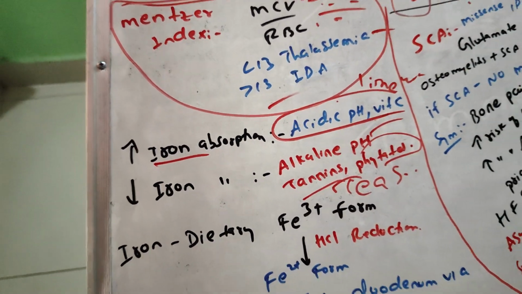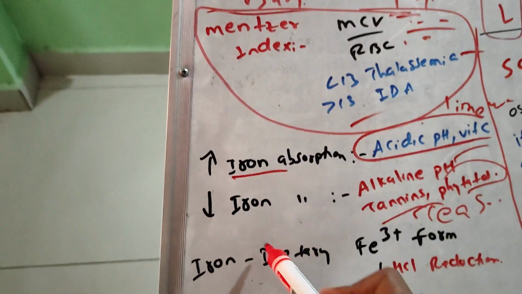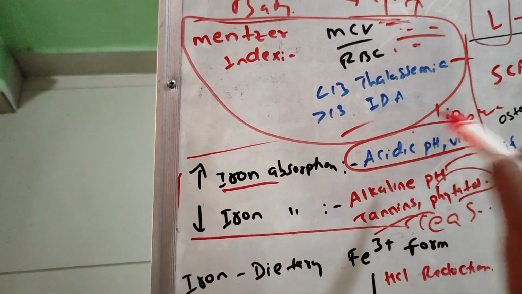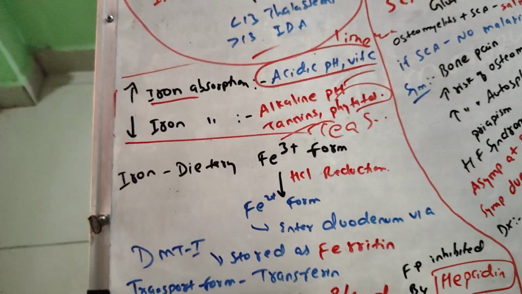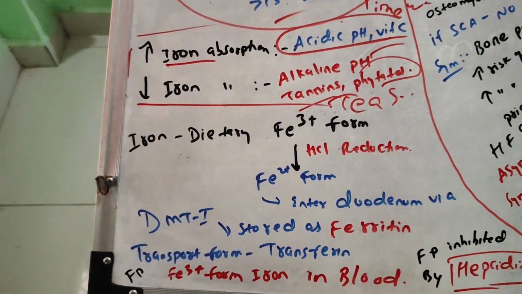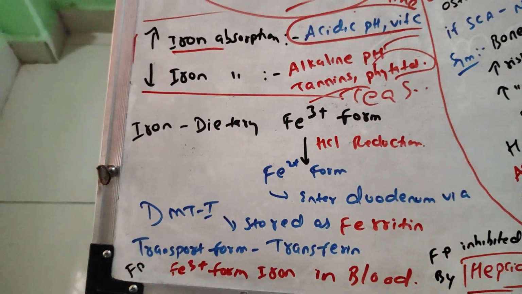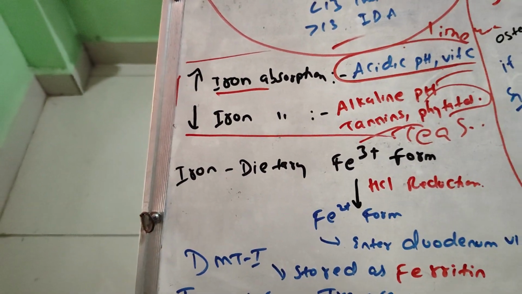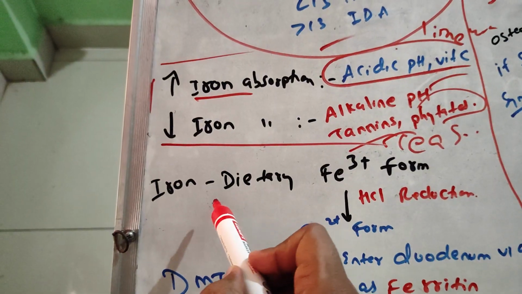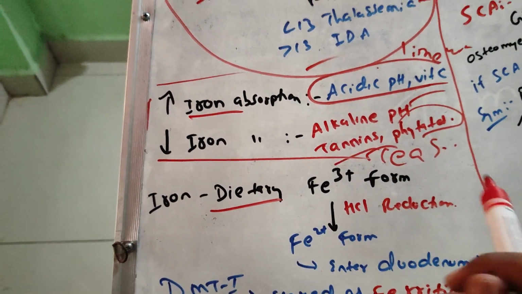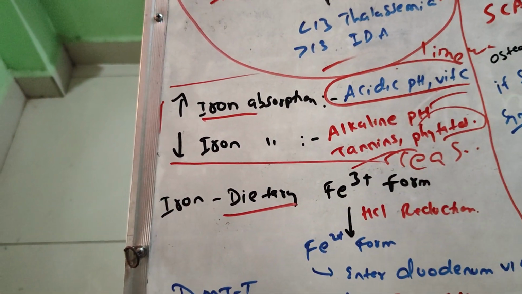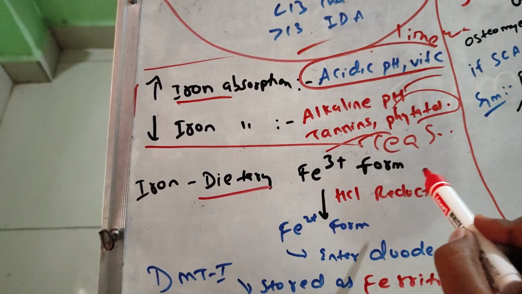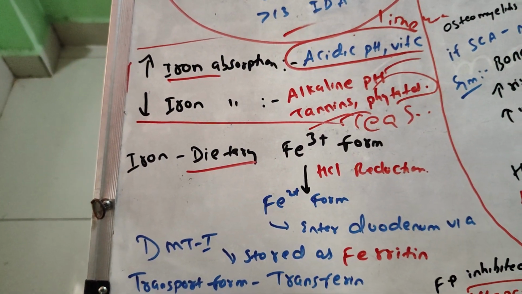Okay, now this is one of the exam questions also. You have to remember. I want to clarify one MCQ here also, guys. This is the iron metabolism. When you eat, the iron is in the ferric form, that is the Fe3+ form.